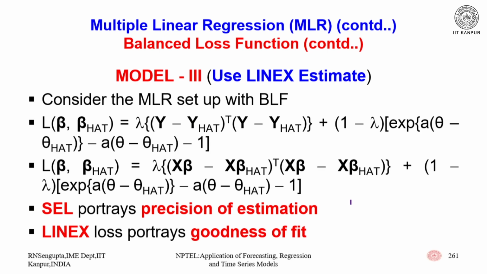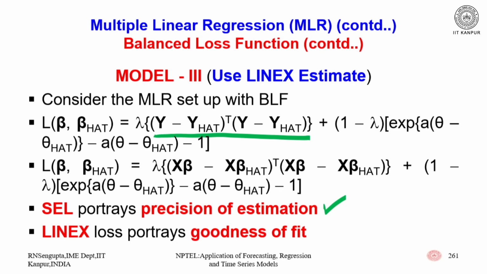For model 3, again we are considering squared error, which corresponds to precision of estimation, and which would correspond to the square of y minus y hat. If somebody has to be very precise, that person would say why not use it as a goodness of fit.